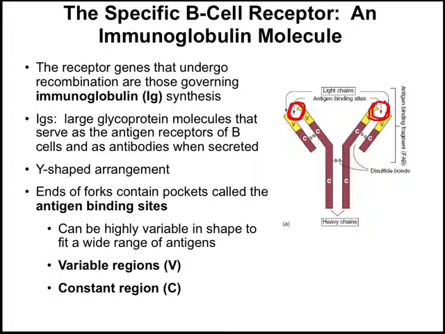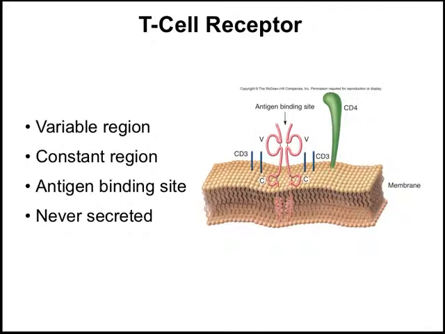Again, these immunoglobulin molecules are receptors on the B cells to antigens, and they're antibodies when they're released from the B cells. They can be highly variable in shape to fit a wide range of antigens, but the classic one has this Y shape. Again, there are variable regions and constant regions. Whereas the T cell receptor has a little bit of a different shape.